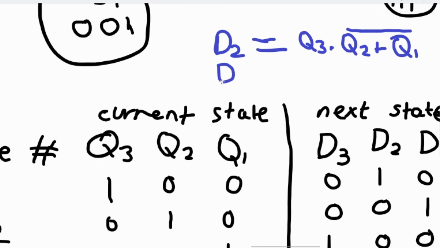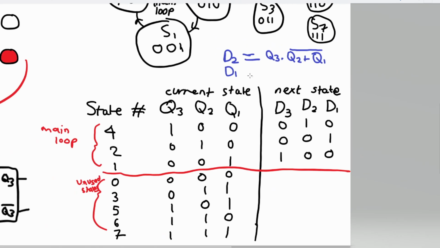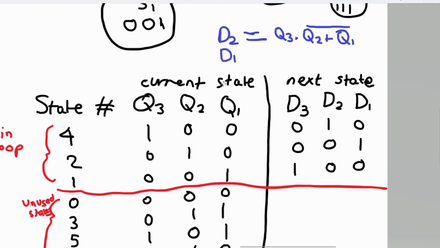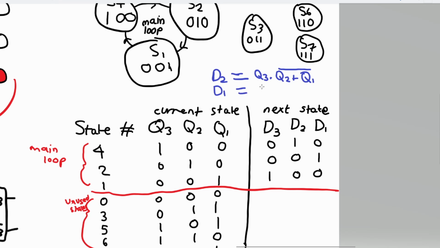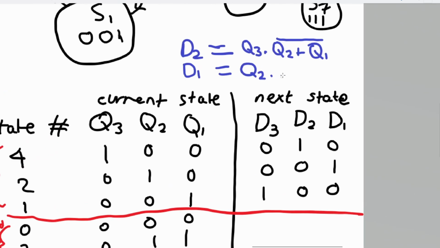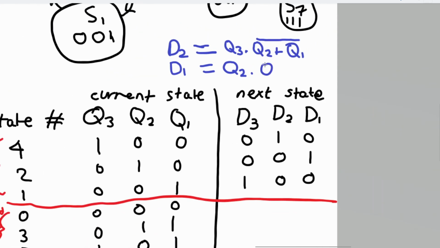D1 we are going to do as Q2 and Q1 or Q3 nor together.